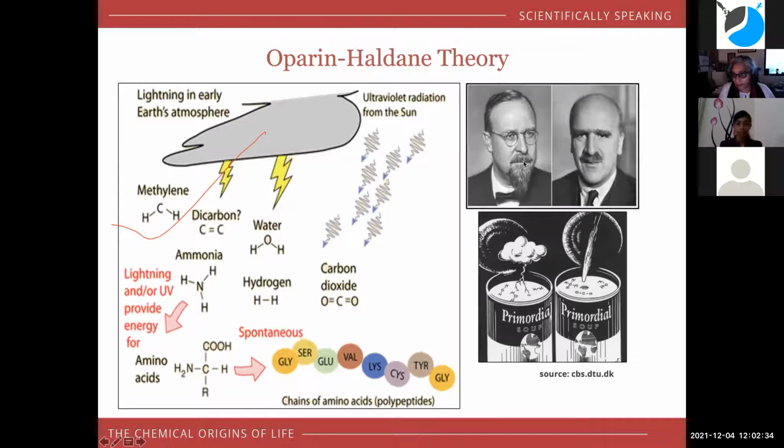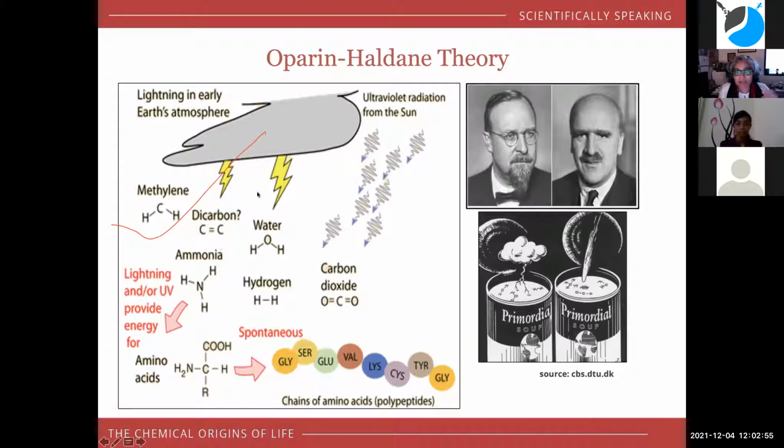Both of them separately posited that if you had a prebiotic ocean composed of inorganic molecules like methane, water is sort of the backdrop in which all of this drama happens. No water, no life, at least not that we know of to date. Carbon dioxide, ammonia, you had all these molecules.